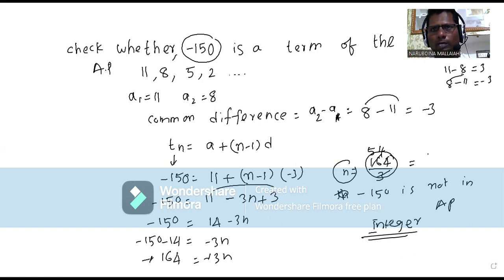Integer means whole number, right? Here we got a fraction. If we get a whole number, then this minus 150 is present in the AP. Here we got a fraction, that is impossible. So minus 150 is not in the AP. If we get a whole number here, then this number will be in the AP.